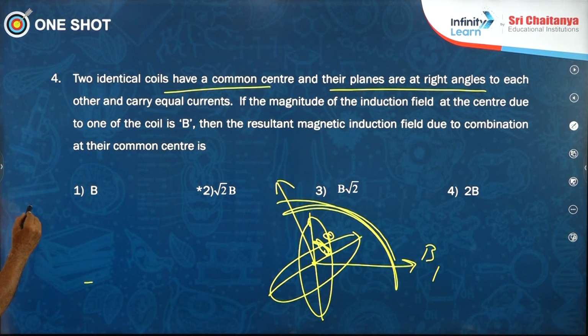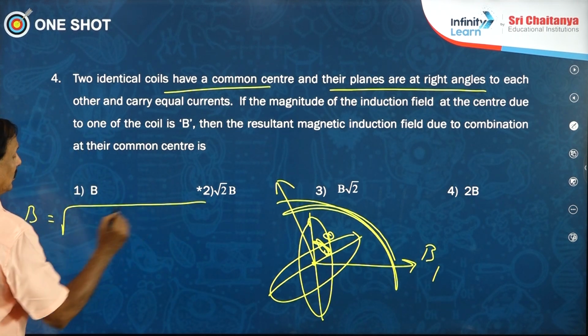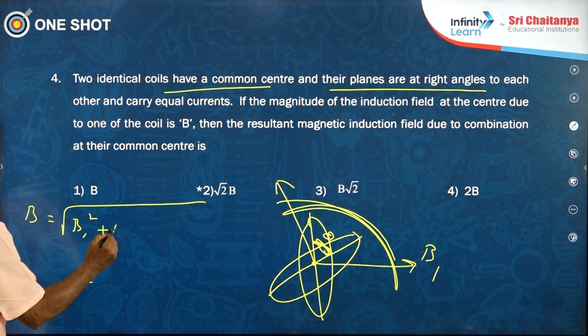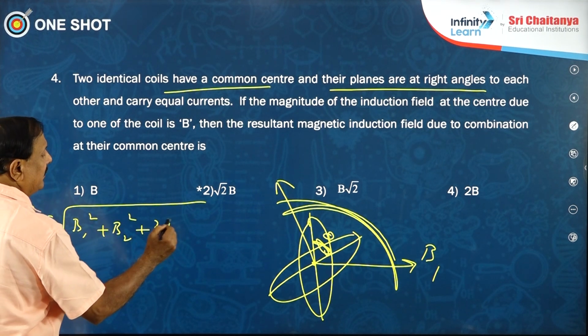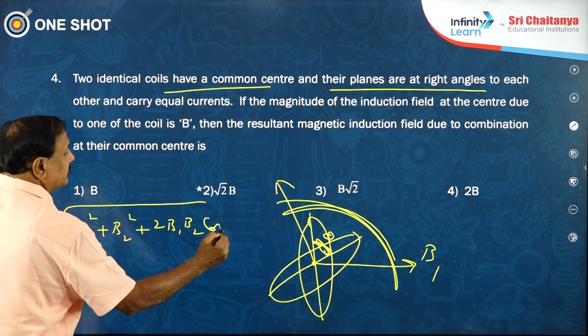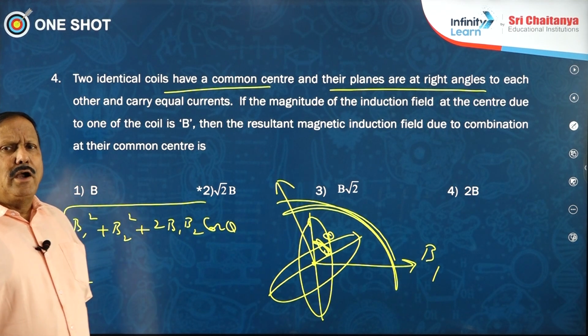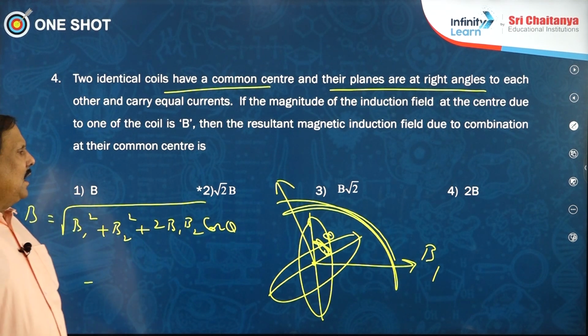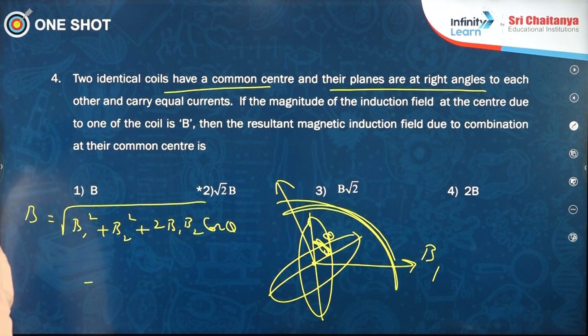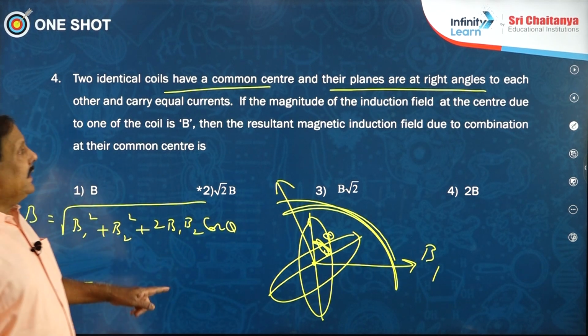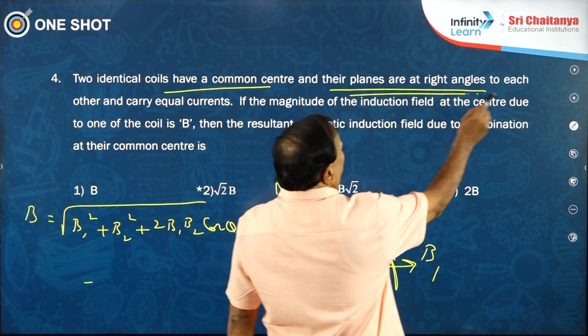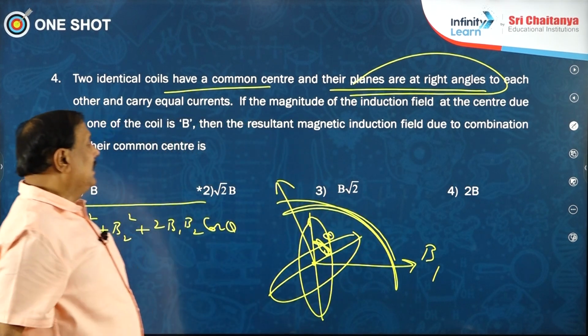So, what is the formula you have to know? B is equal to root of the vector sum, B1 square plus B2 square plus 2 B1 B2 cos theta, because the two magnetic inductions produced by two different coils are at an angle theta. But in this case they told that the planes are at right angles, perpendicular.